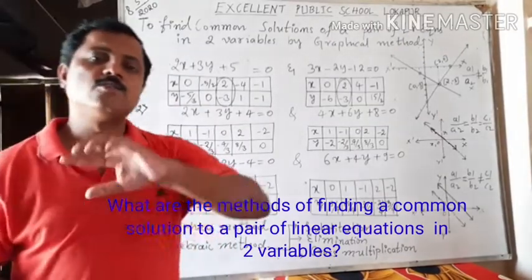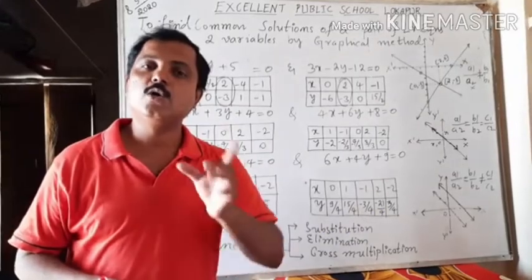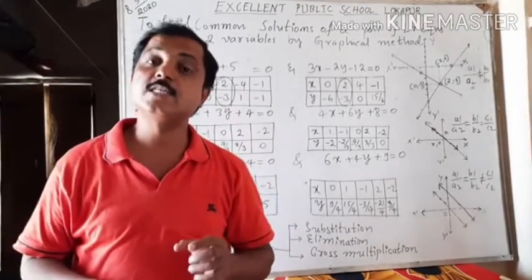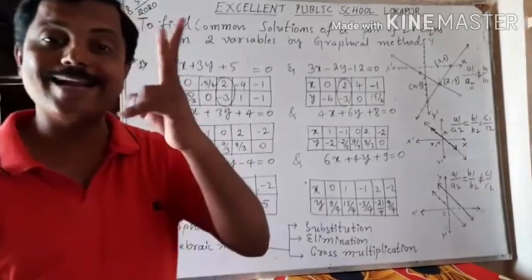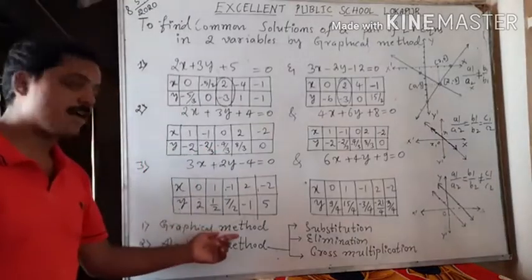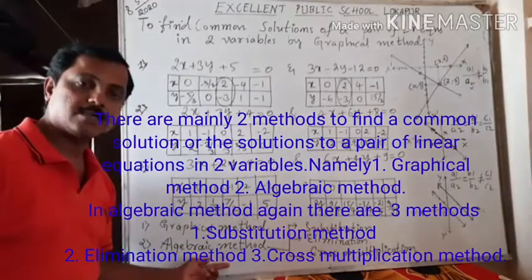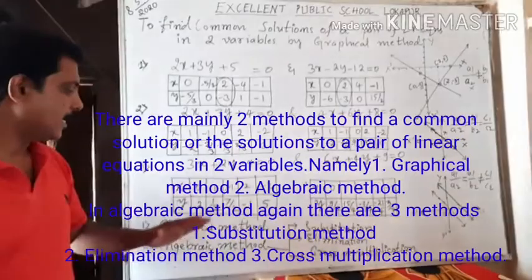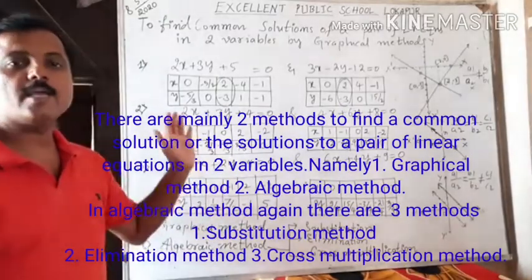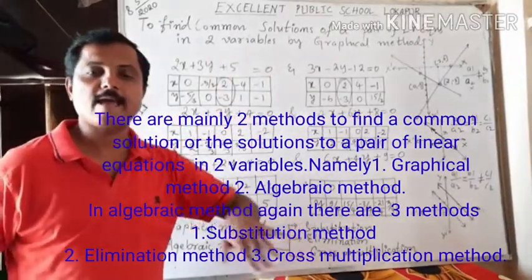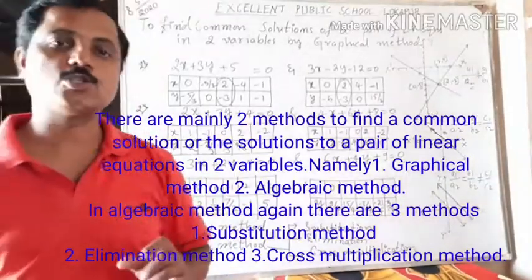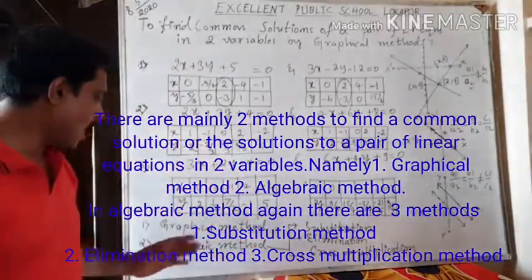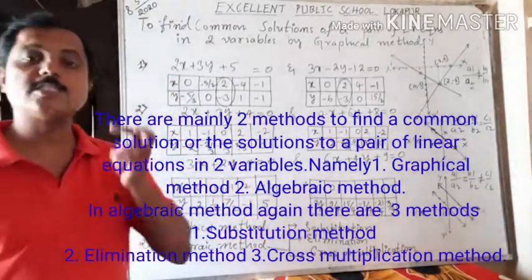See here, to find the common solution to a given pair of linear equations in two variables, there are mainly two methods: graphical method and algebraic method. Okay. In graphical method, we plot their graphs and then find the common solution. In algebraic method, we use three methods.